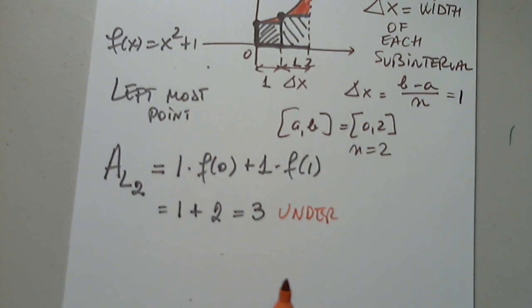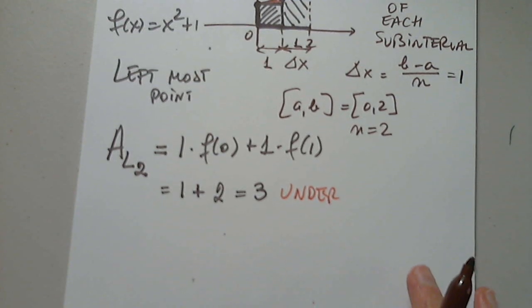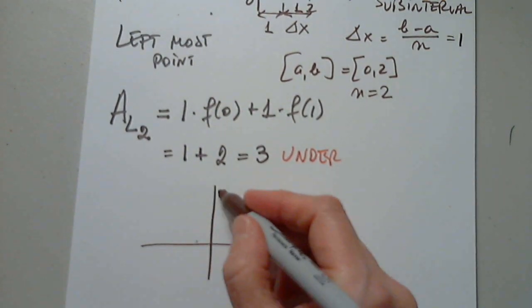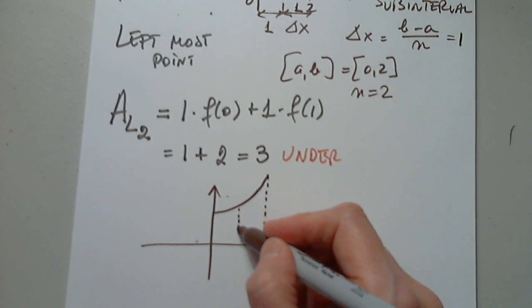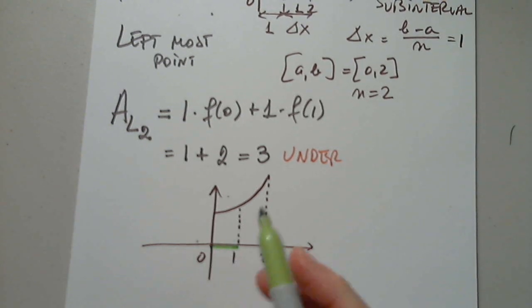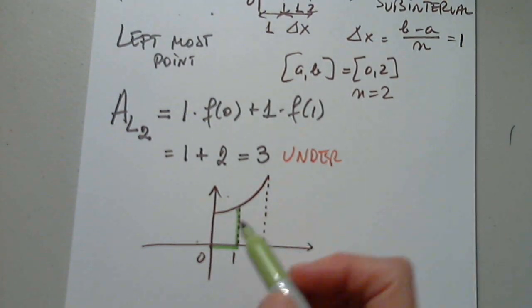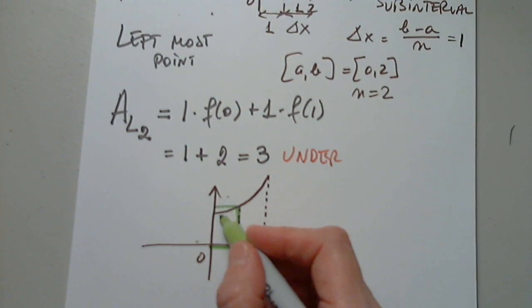Awesome. Now we're going to illustrate with 2, but the rightmost point. Still 0, 1, and 2. Here's what happens next. Base times height with the rightmost point. Base times height, go across with a rectangle.